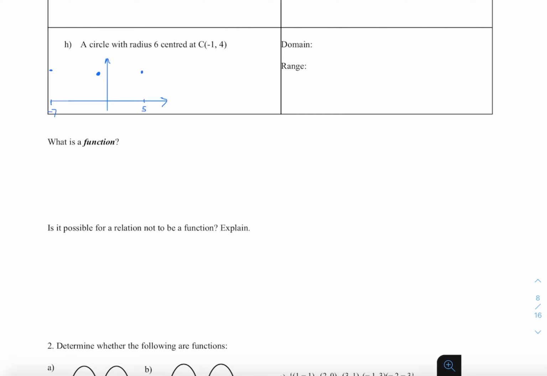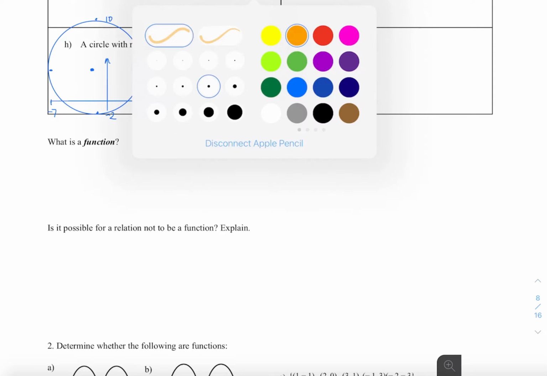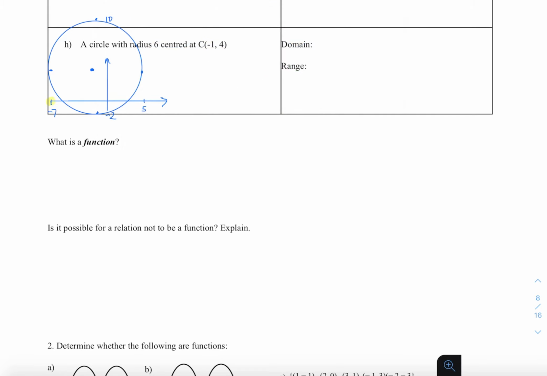It's going to go down to -2 on the y-axis, and it's going to go all the way up to 10. So if I were to draw this circle, which is definitely not going to be perfect, it's going to look something like that. What is the domain? Well, the domain goes from -7 all the way up to 5.